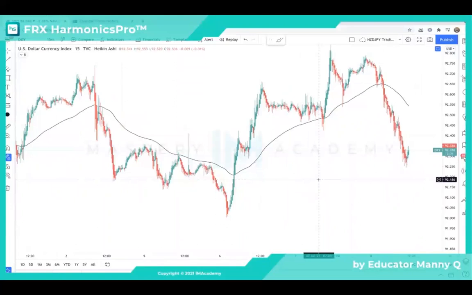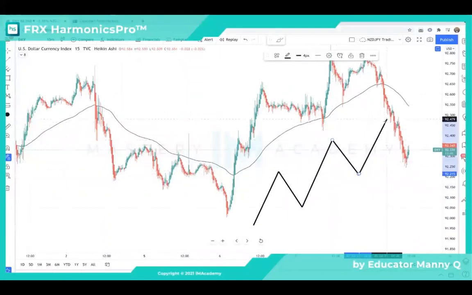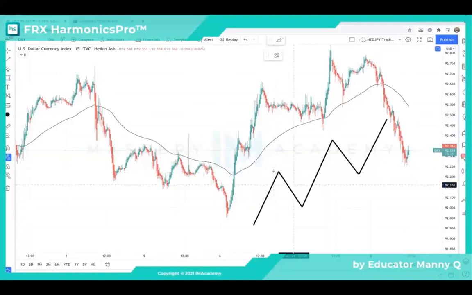Now, mind you, market structure reversals can happen on any time frame. So let me draw out this diagram for you guys here. If you're on, let's say, a 4-hour trend and you see that the market is going from high to low to high to low, right? And making an uptrend on a higher time frame, the market structure reversal is going to happen at each of the swing points.